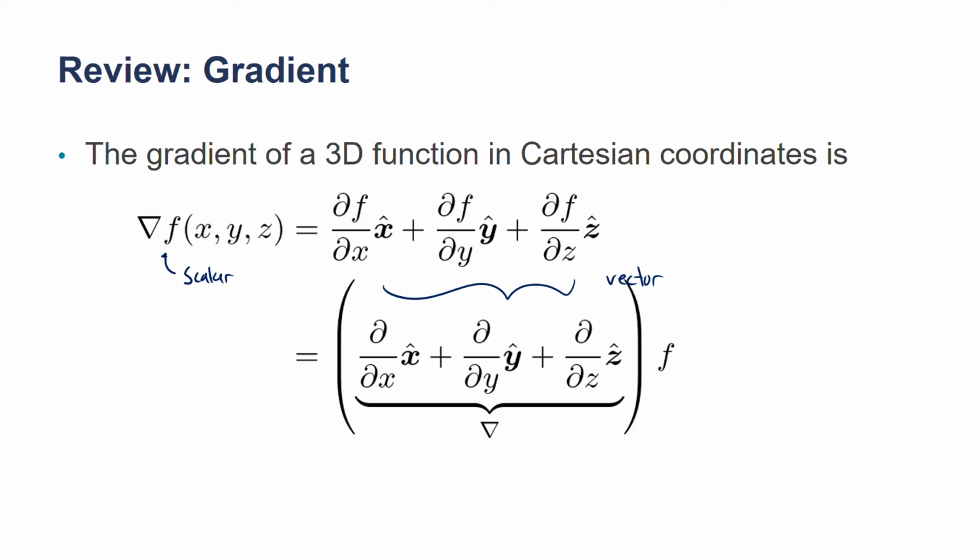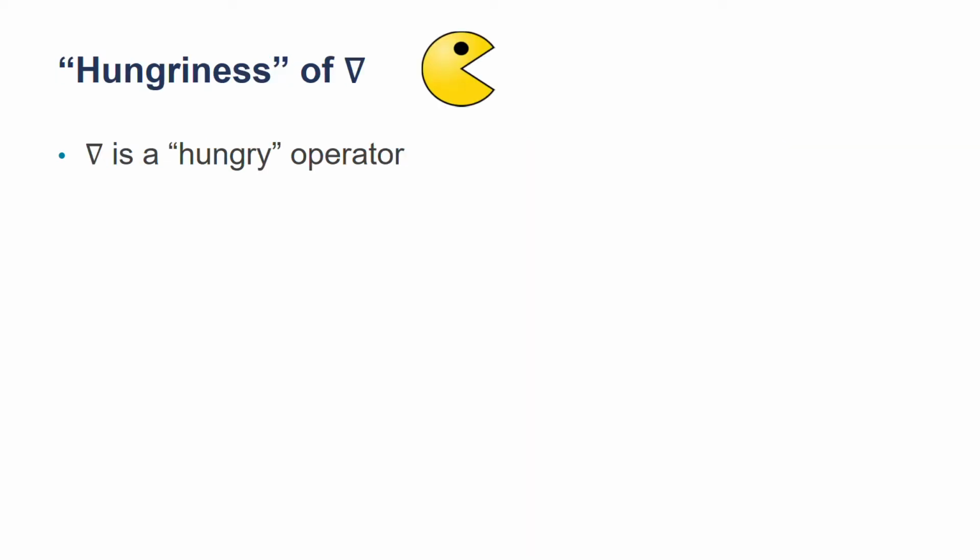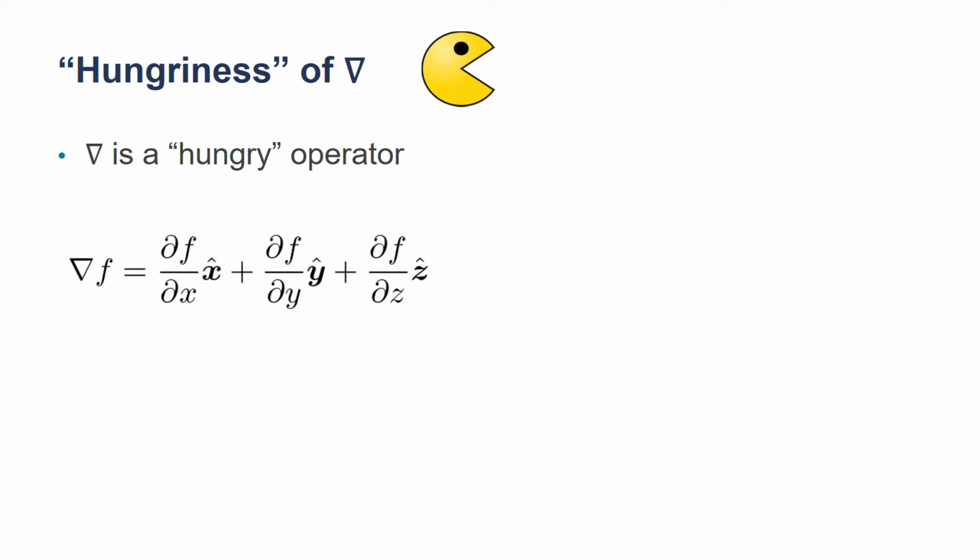This leads to an interesting property of del, which is the so-called hungriness of the operator. Previously we considered del f, and if we multiply f through each term in parentheses, we arrive at the gradient operator.